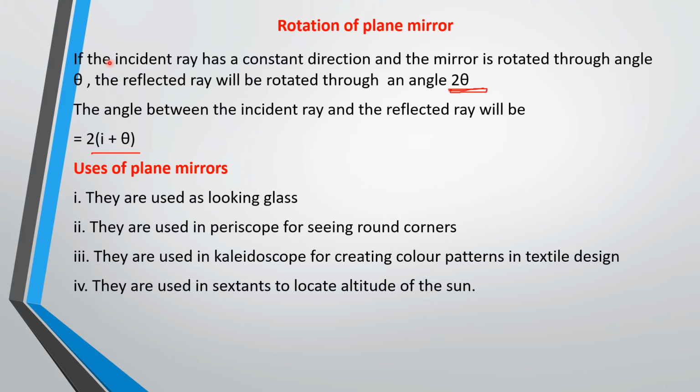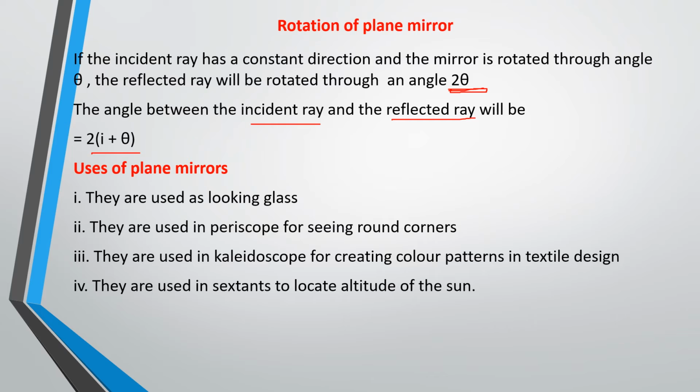So when a plane mirror is rotated through angle theta, the reflected ray will be rotated through an angle 2 theta. Then the angle between the incident ray and the reflected ray will be 2 times the angle of incidence plus the angle of reflection. When you add them, the summation of these two multiplied by 2 will give you the angle between the incident ray and the reflected ray.